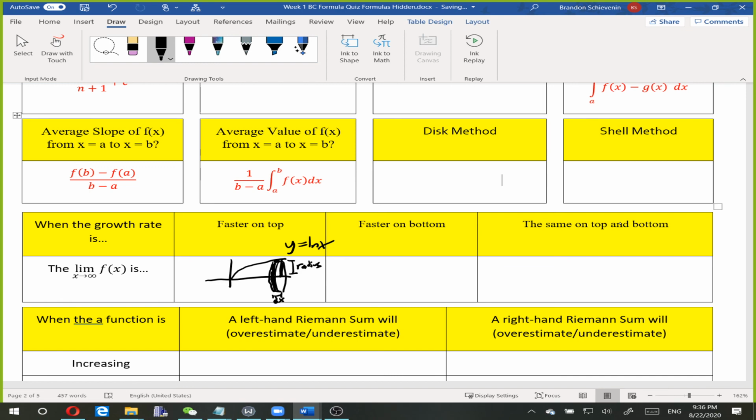If I wanted to write the area of this shape, what would my area be? So the area of this white shape that I've created with my circle should be equal to what?